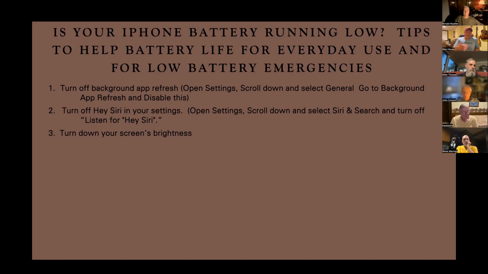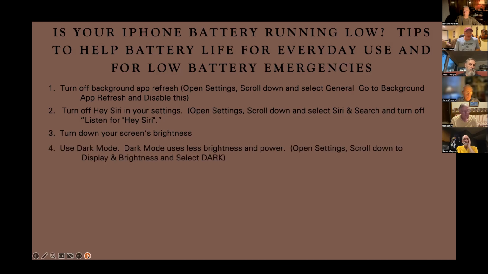All right, the third thing, turn down your screen's brightness. I know we like to crank up that brightness, but it really does make a difference in your battery life. Use dark mode. I don't know how many of you do, but I frankly turn on dark mode on everything I can on all my devices. I prefer just the look of it, and it will use less brightness and power, therefore.